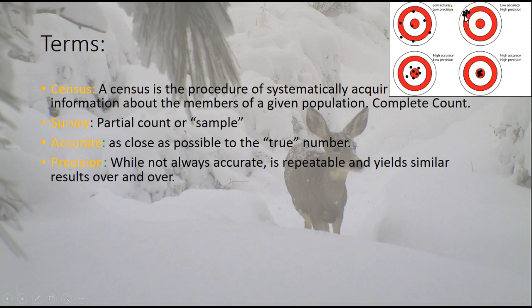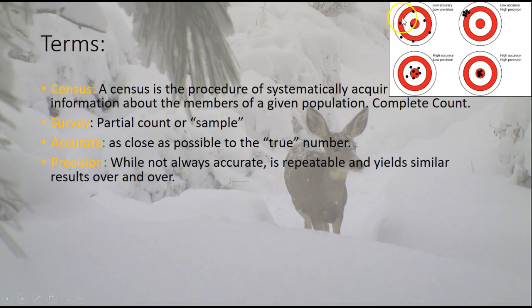Those of you who sight in your rifle, it's that similar idea. If you can have high precision, then you can adjust it to get right on the target as needed and get it accurate as well. Now, down here, we have a fairly high accuracy. They're hitting the target most of the time, but your group is so scattered that we would say it has low precision.